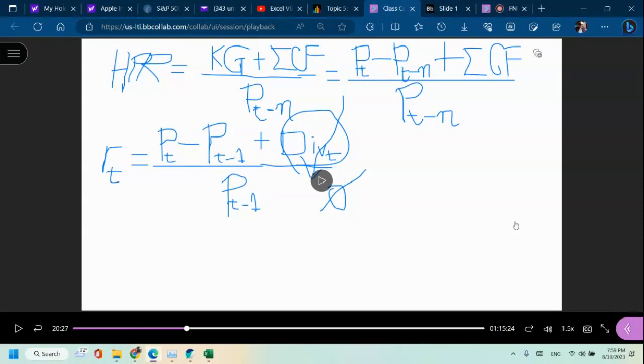It will slightly understate the return for that month, although it would be a very minute difference. So I'm using close price, okay?